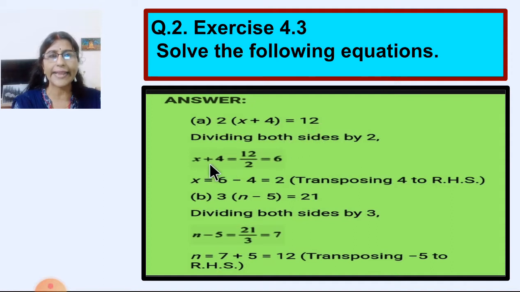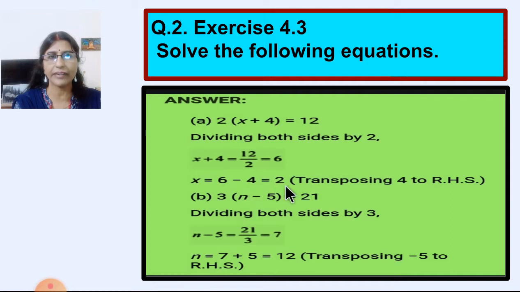So we will get x plus 4 is equal to 12 divided by 2, and 12 divided by 2 will be 6. So we will get x plus 4 is equal to 6. Now we will use the transposing method. We will take the plus 4 to the right side of the equation, so plus 4 will become minus 4.